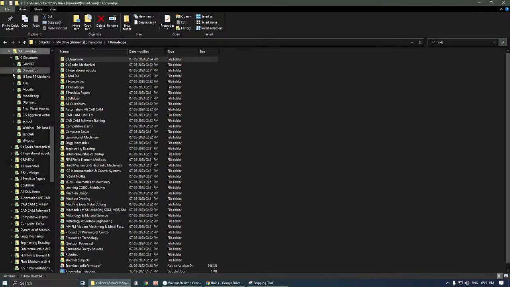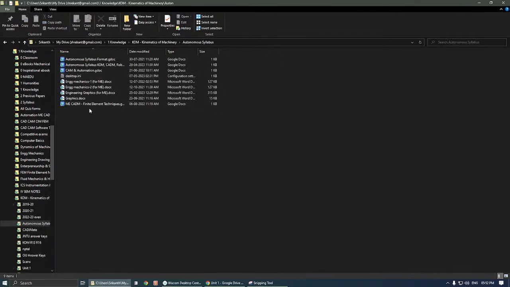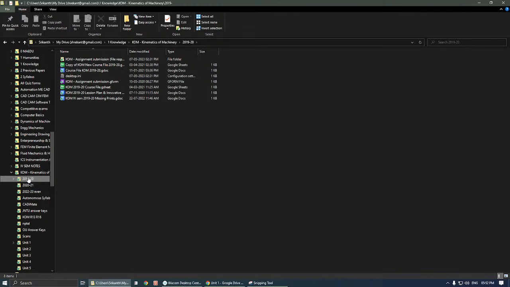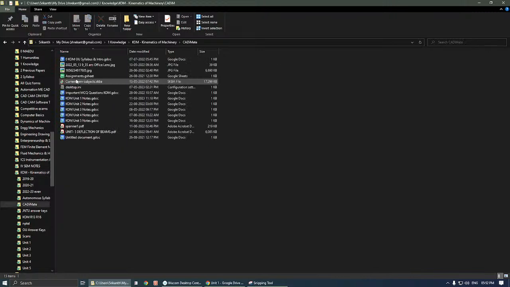We should go to kinematics of machines. These are all documentation prompts, and answer keys. I think this is where all the names are present.